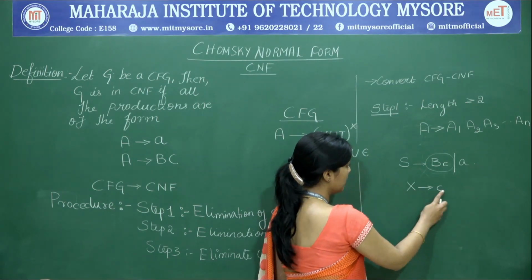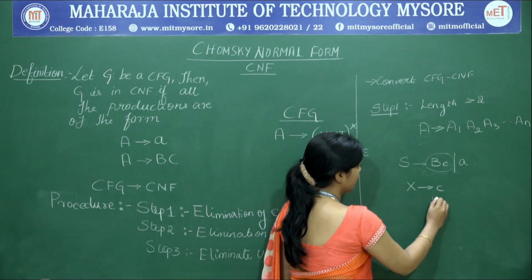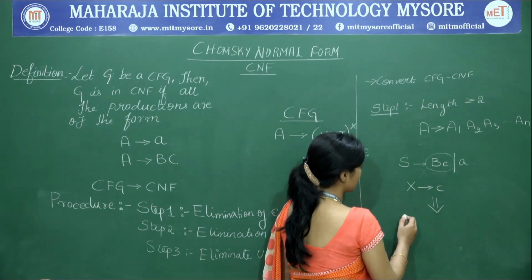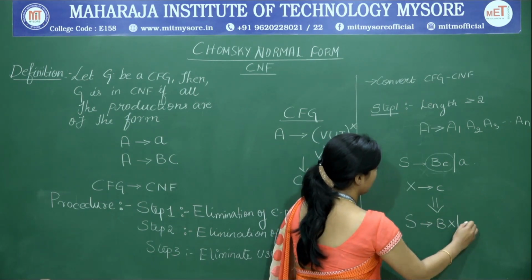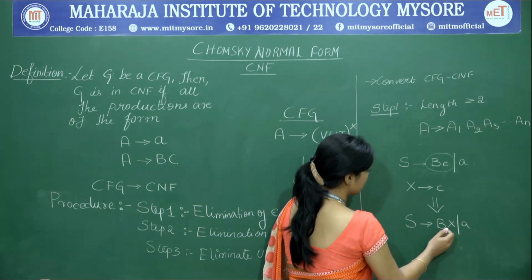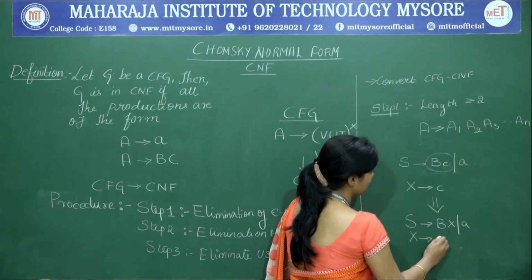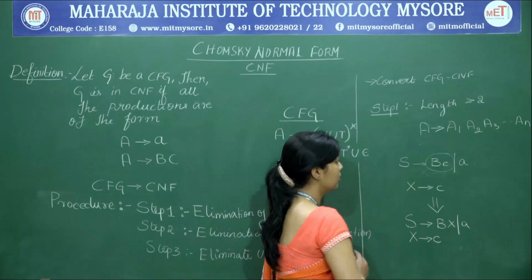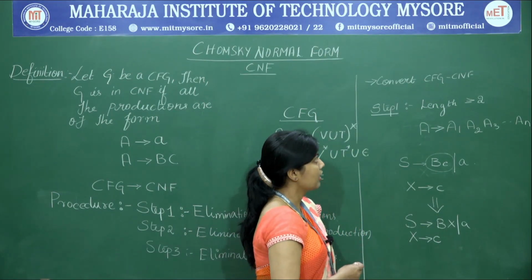We are going to replace this terminal symbol by a new variable, and hence this production is going to change to S goes to B X a, and also since we have replaced c with X, we are going to add the new production that we have introduced, X goes to c. So, this is what we are going to do in step 1 of the conversion.